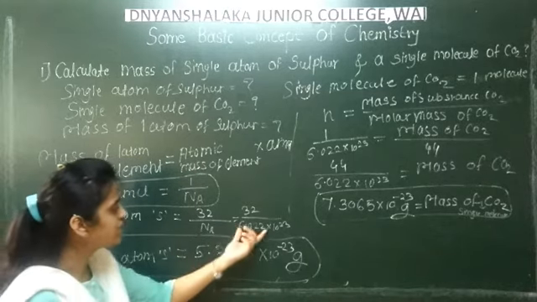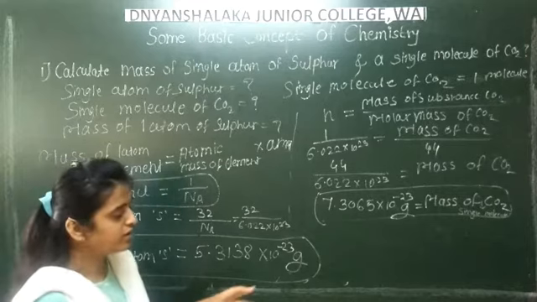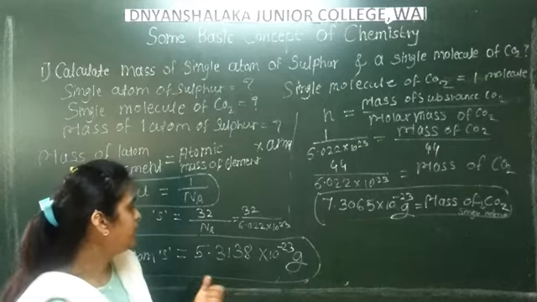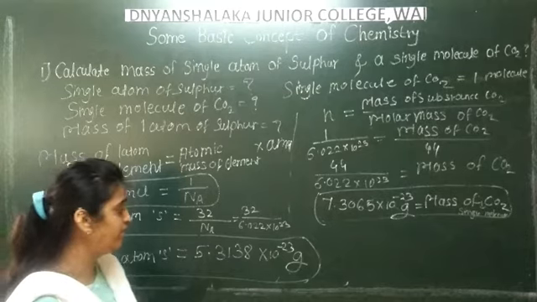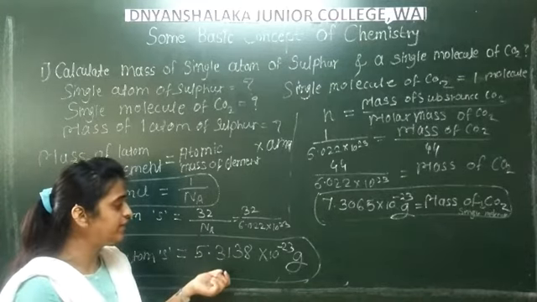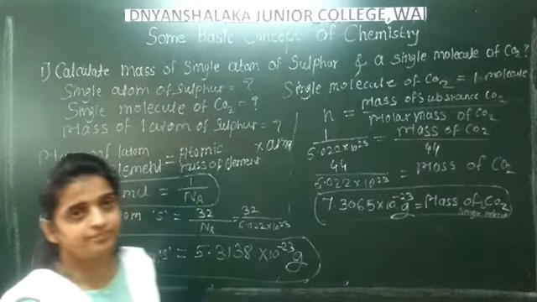On calculating these two values, we get 5.3138 into 10 raised to minus 23 gram of sulfur. Only one atom of sulfur has this mass.